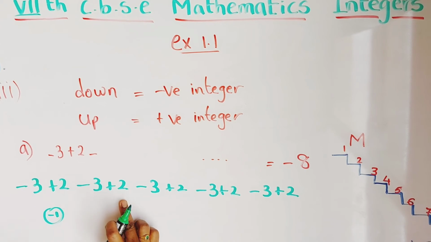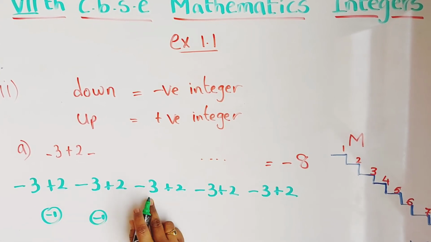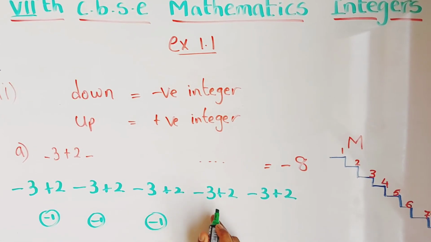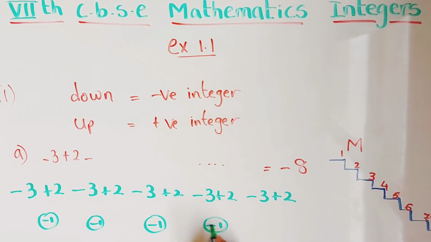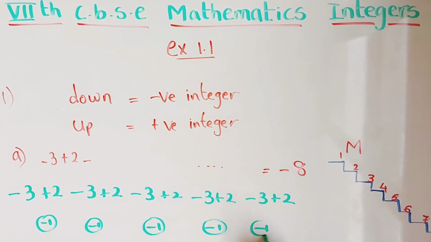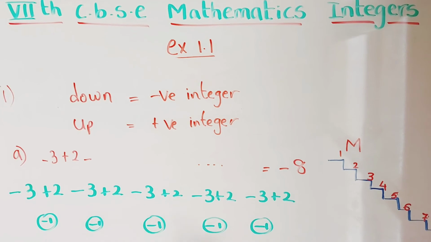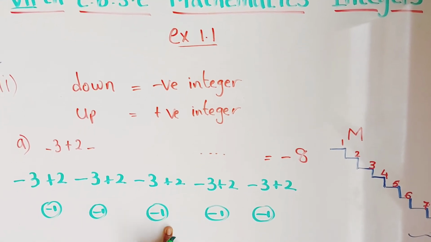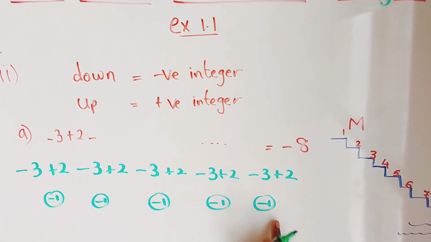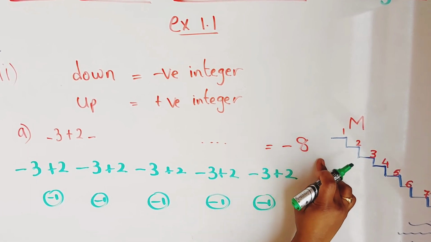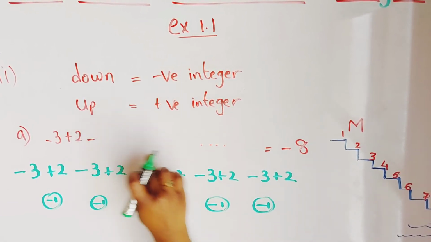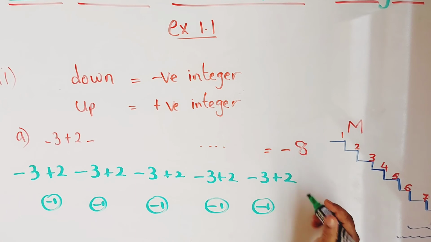And this is also minus 1, and here also minus 1, here also minus 1, and here also minus 1. Now you add all the minus 1s, minus 2, minus 3, minus 4, minus 5, right? But we have to get answer minus 8. So we have to continue the pattern for 3 more steps.